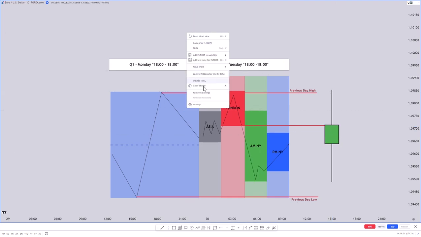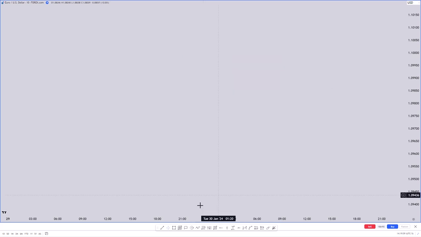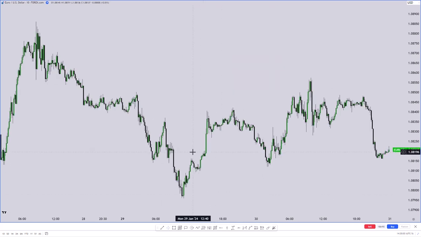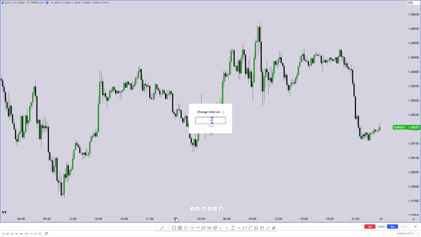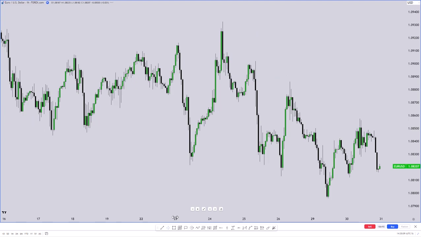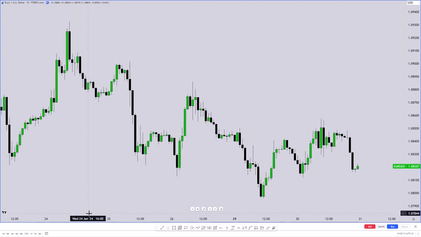Okay, so right now, from this time right here, this is the midnight range, right? This is the midnight range. We can have it predefined like this. Then we can remove this.